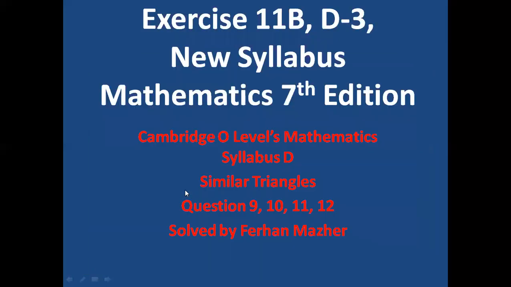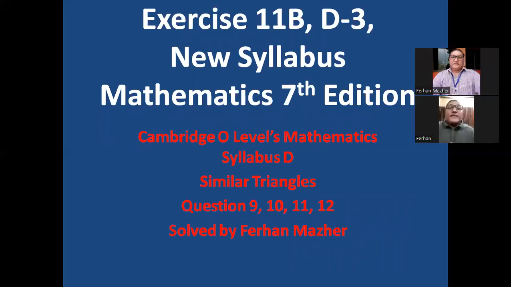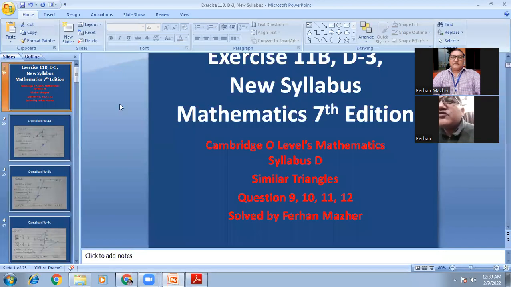Today in this video, we have reached the end of exercise 11B, and I have tried my best to explain to you the basic concepts. Okay, so let me show you the camera. I have switched on the camera.